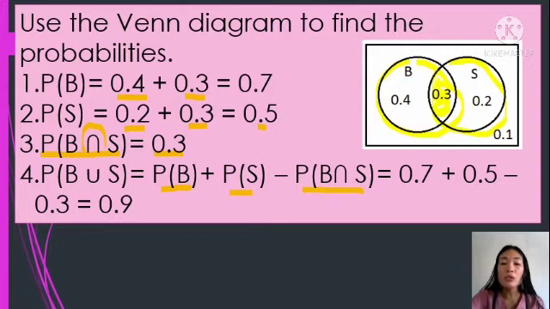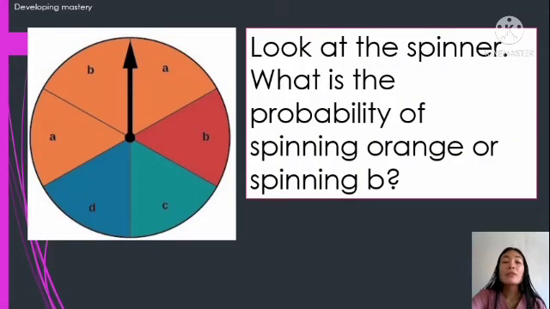So by substitution, the probability of basketball is 0.7 plus probability of soccer is 0.5 minus the intersection of both events, 0.3. So 0.7 plus 0.5 minus 0.3 equals 0.9. Okay, so let's have another activity.